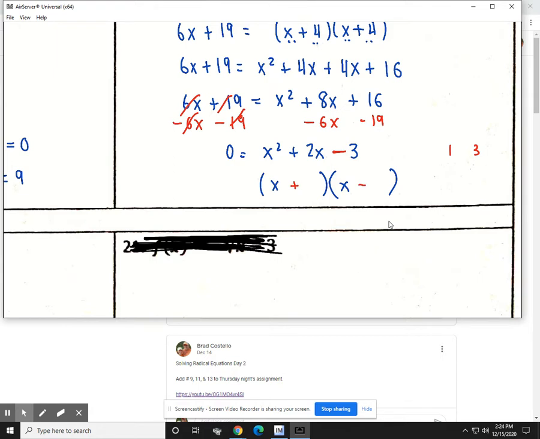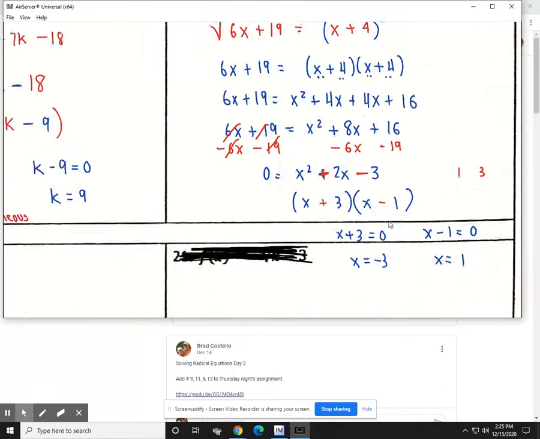Do 1 and 3 work against each other to give me a 2? Absolutely. So last thing, the positive wins. You have to give the positive to the bigger value, and that is the 3. So my factors are, sorry everyone in our room, x plus 3 and x minus 1. So my solutions are x equals negative 3 and x equals positive 1.